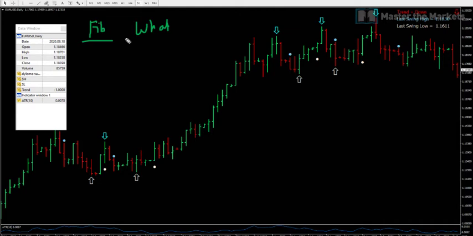A Fibonacci tool is basically, firstly, something that takes the 0 point and the 100 point. Now, what do we mean by that? The best way to explain this, and how we explain it in the Traders Basecamp package as well, is that we see Fibonacci as a discount mechanism tool.